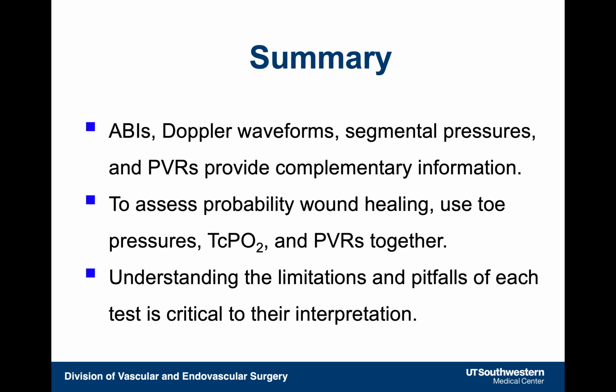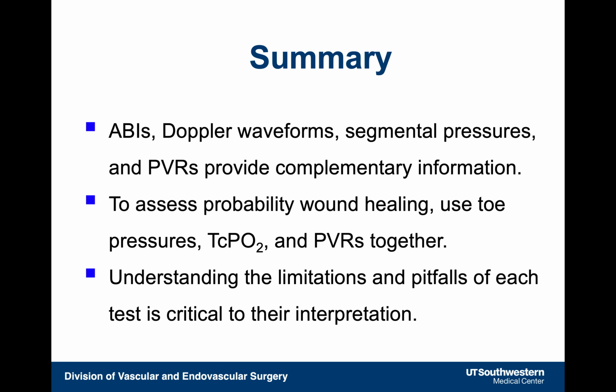So in summary, ABIs, Doppler waveforms, segmental pressures, and PVRs provide complementary information and need to be used together. To assess the probability of wound healing, use toe pressures, TCPO2 measurements, and PVRs together in concert, and understanding the limitations and pitfalls of each test is critical to their interpretation.